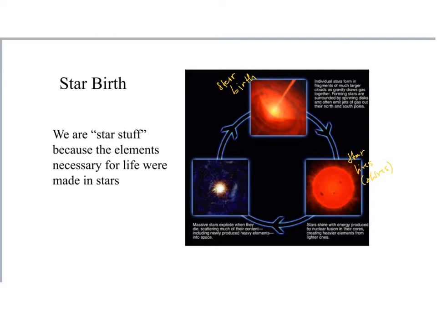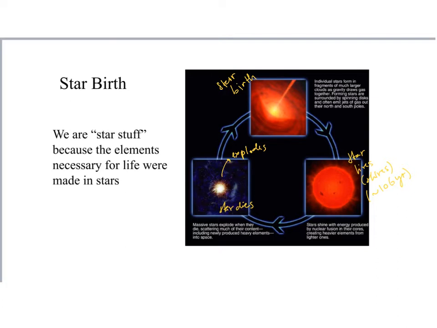A star of a few solar masses does that for about 10 giga years, after which it dies and explodes and returns back into the medium in between stars, that is the interstellar medium, those newly created elements.